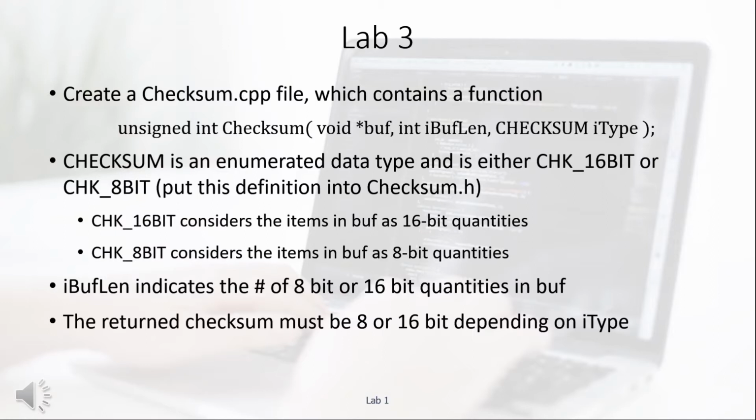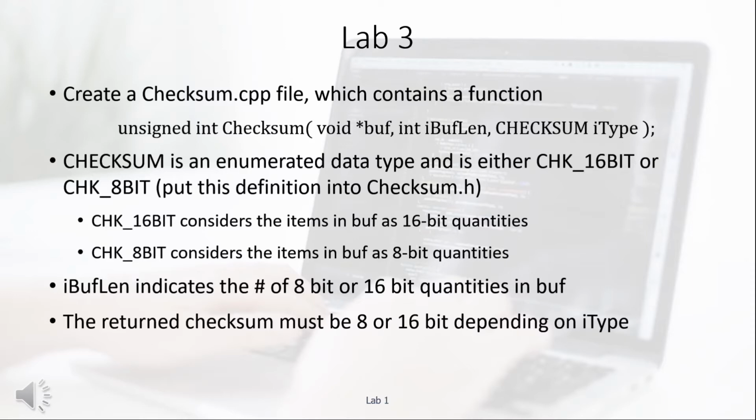The goal of this lab is to create a checksum.cpp file, which contains a checksum function. It's going to return an unsigned integer as the checksum. Remember, checksums can't be negative. It's going to take in a pointer to a block of data that you wish to have the checksum on.